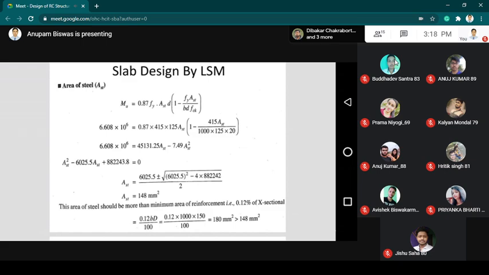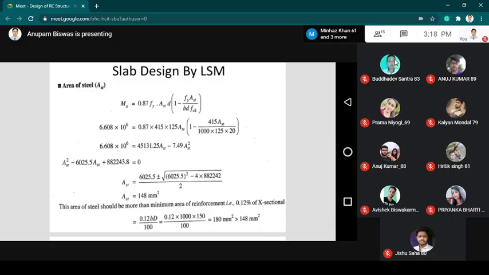Now for the standard criteria, we know that the area of the steel that we obtained should have the minimum area of reinforcement, which is 0.12% of the cross sectional area. So we have to take out the minimum, that is 0.12 bD by 100.